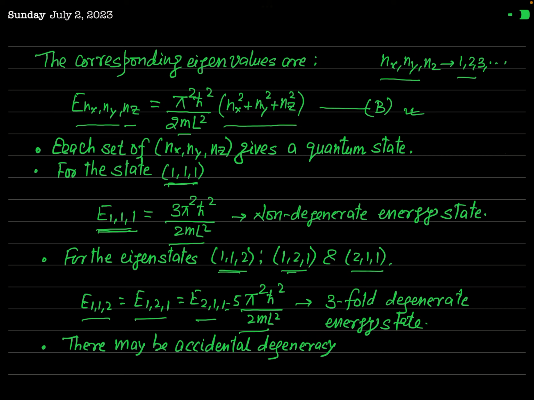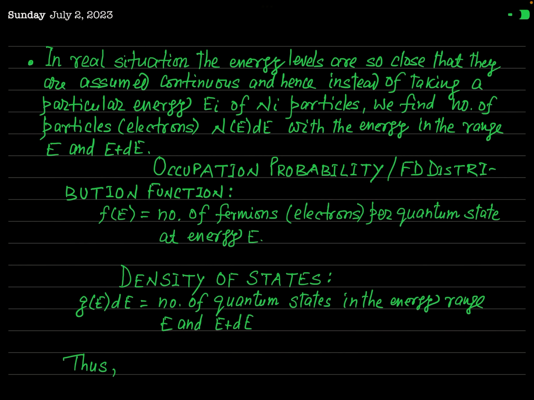But what happens in practice? In actual state of affairs, it is found that the different energy levels are not far separated. They are so close to one another that you can consider the energy eigenvalues almost continuous, or the energy levels not discrete but continuous.